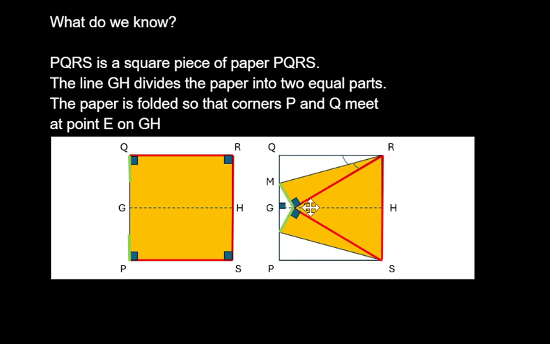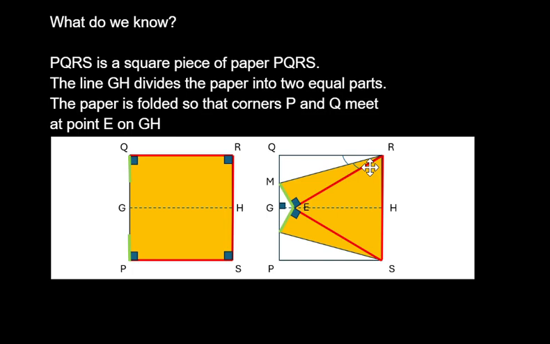So it ends up here. This red line QR, when you fold, ends up here. So these three sides are exactly the same. Straight away, we know that this is an equilateral triangle.